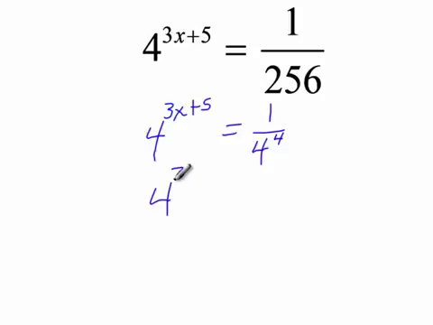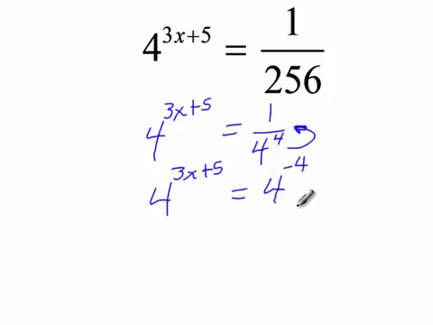On the left side, I have 4 to the 3x plus 5. And on the right side, I am going to move that 4 from the denominator up to the numerator. Can I do that just because it's my birthday? Oh no. If I move it up, the exponent 4, instead of positive, it now becomes negative.